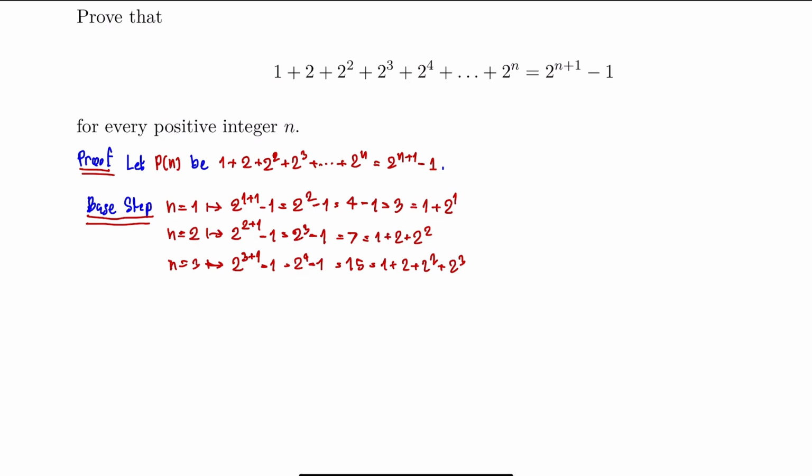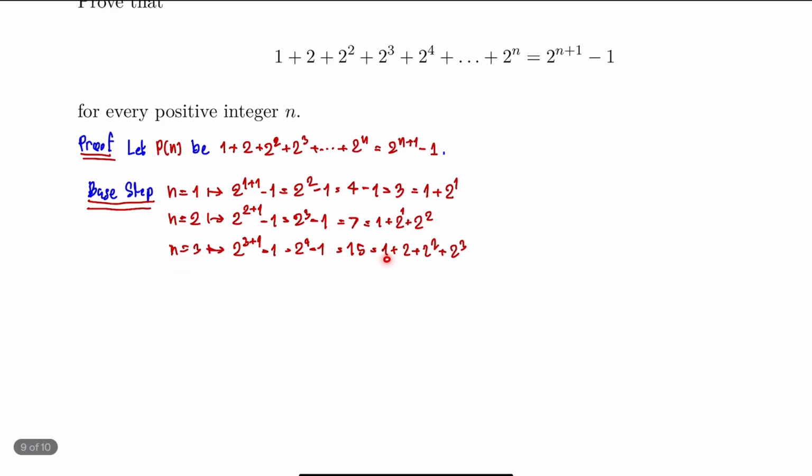Now, what can we do with this? I think we have this pattern. When n is 1, we have 1 as the first term and 2 to the 1. When n is 2, we have 1 plus 2 to the 1 and 2 to the 2. When n is 3, we have 15, which is 1 plus 2 to the 1 plus 2 to the 2 plus 2 to the 3.